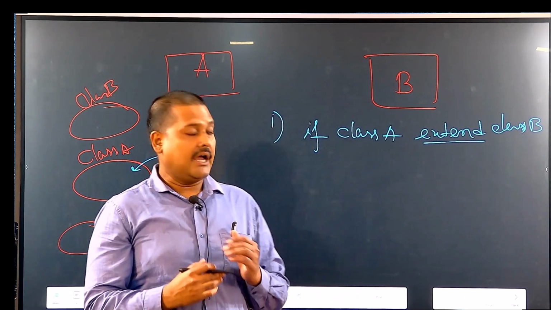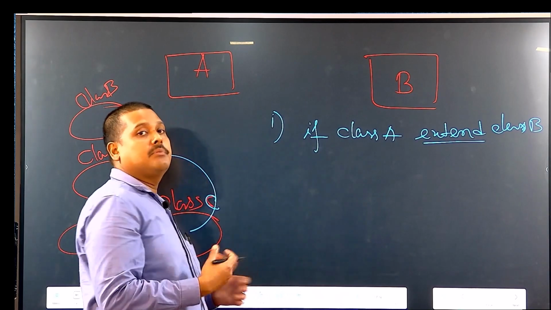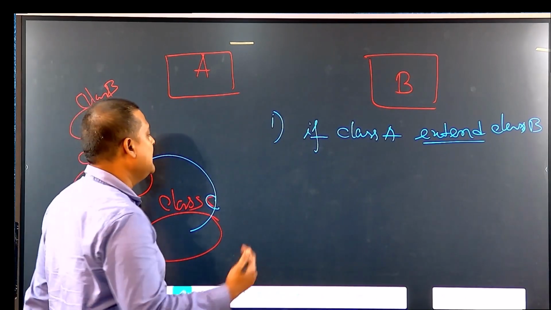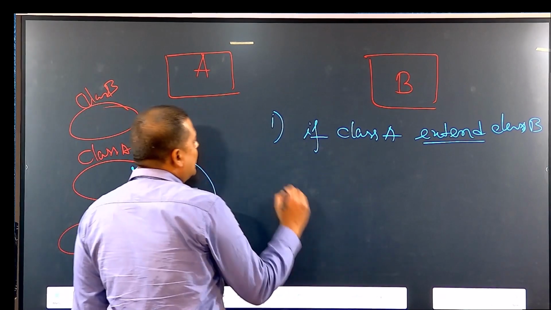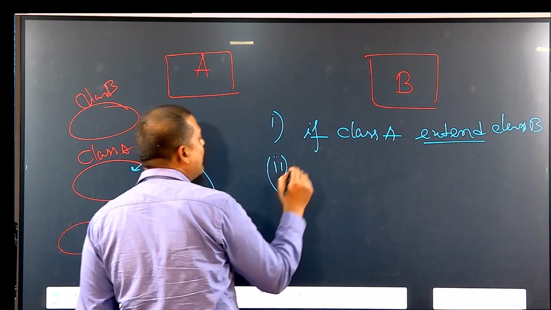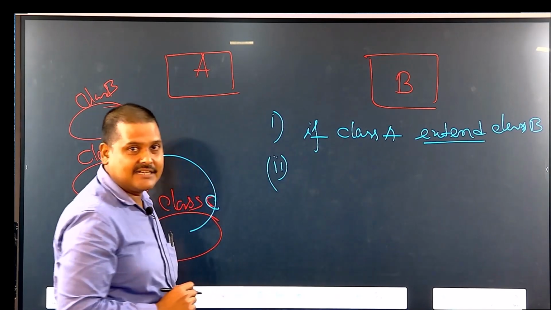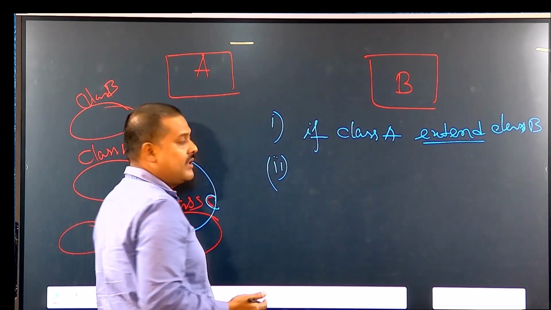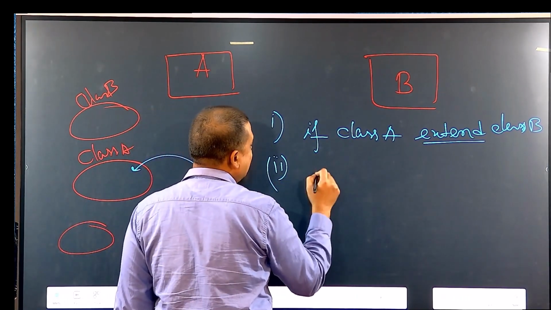That means I can inherit all the properties, whatever members are written within a class, they can be inherited within another class. Now, the second one is by creating an instantiation, or by creating an object of that class.